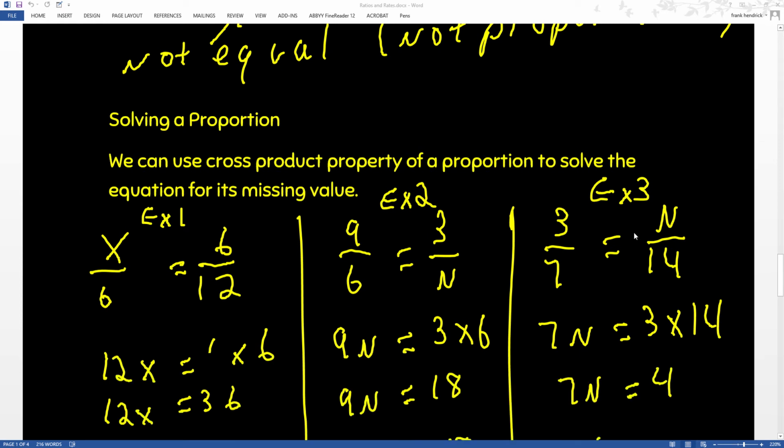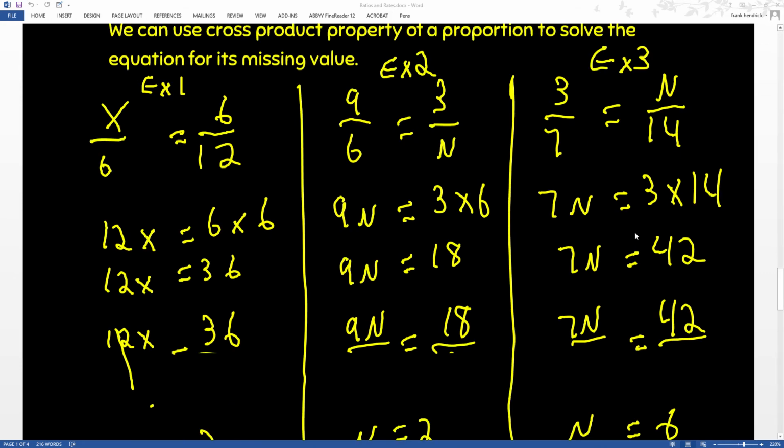Now, solving a proportion, we can use that cross product property to solve an equation for its missing value. I have 3 different examples here. What I end up doing is cross multiplying and dividing to get the variable by itself.